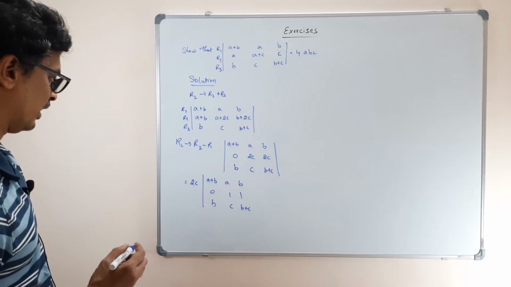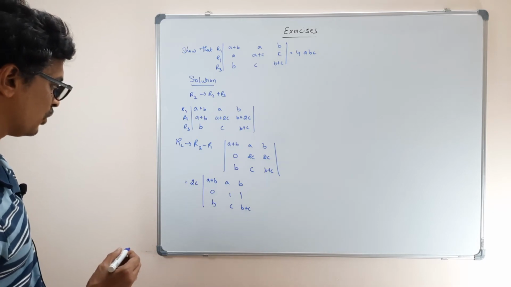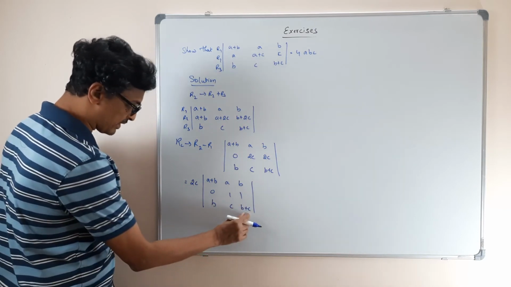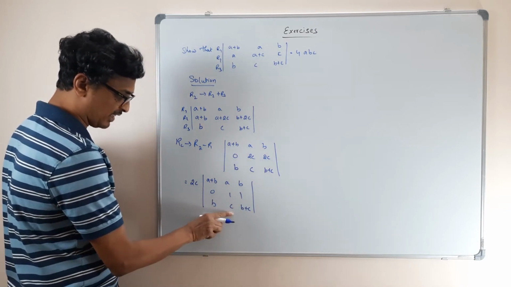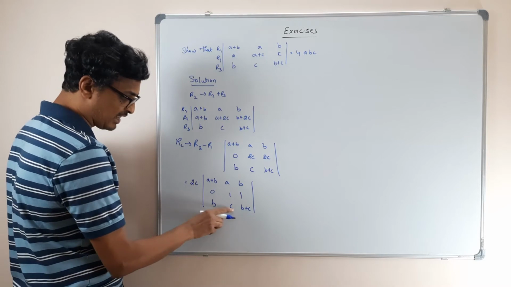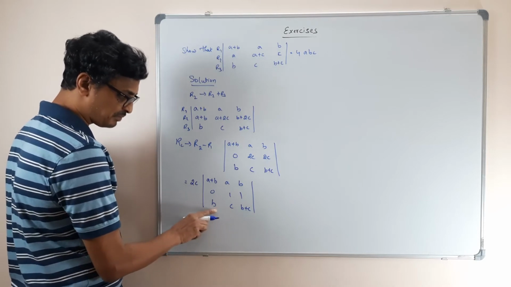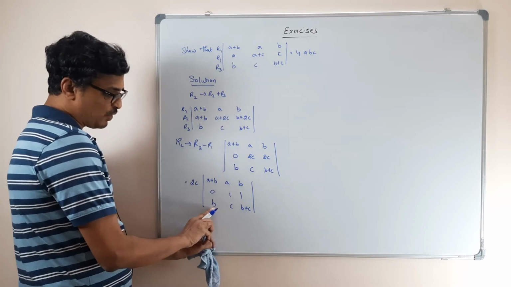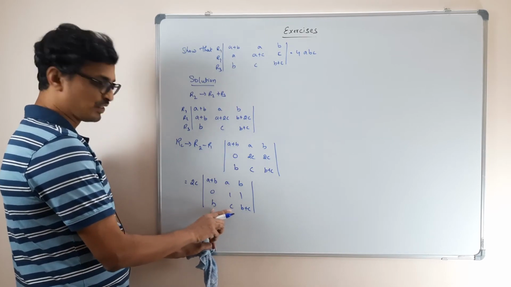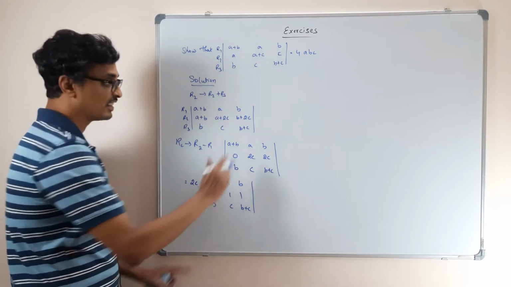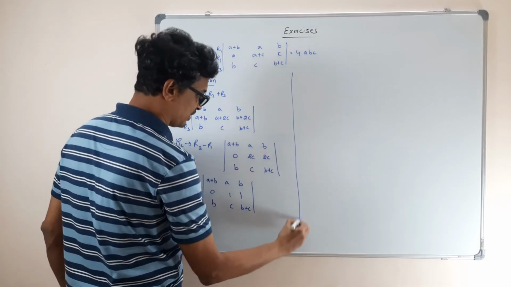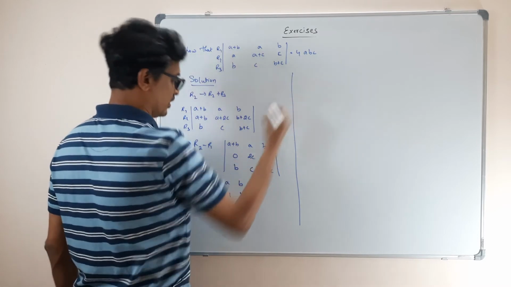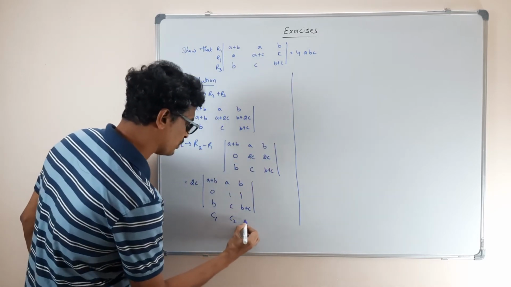Now we can do some column jugglery. B plus C and B and C, if I add them both, got it? I am going to replace column 1 with column 1 plus column 2. This is C1, C2, C3.